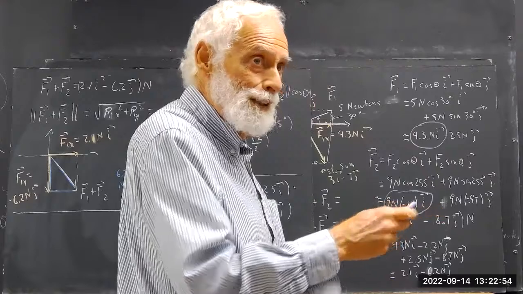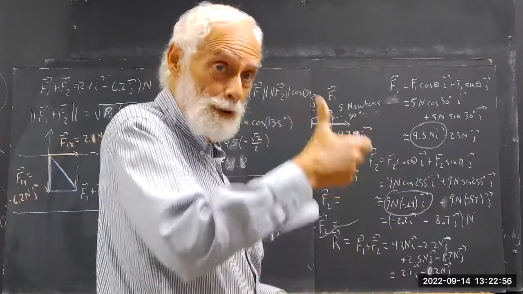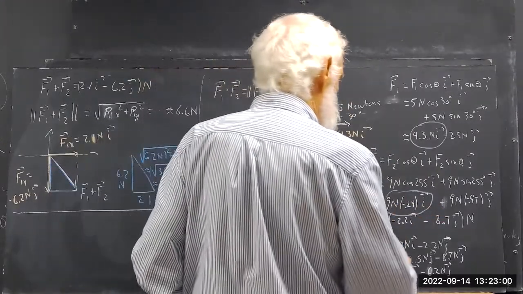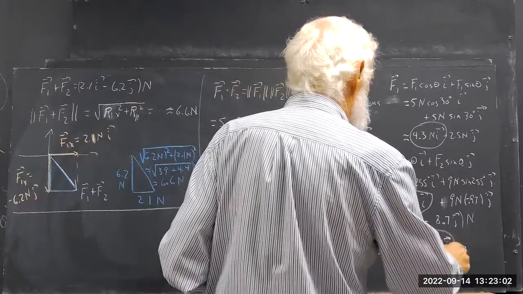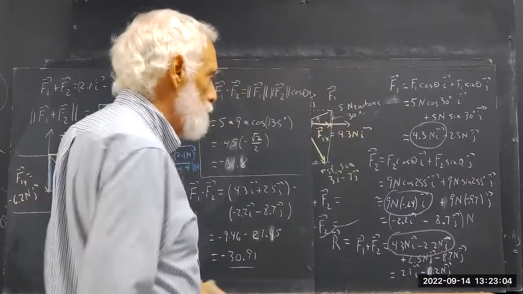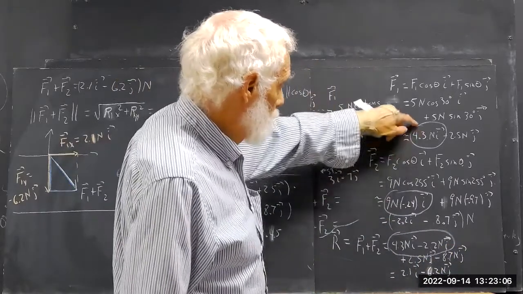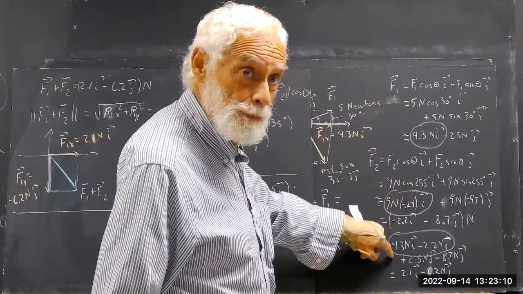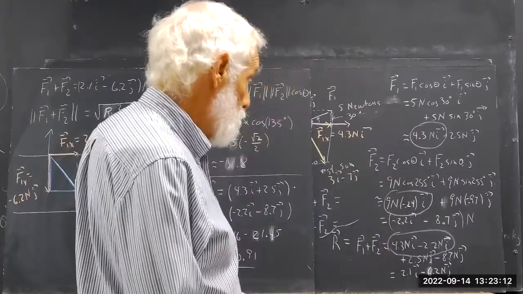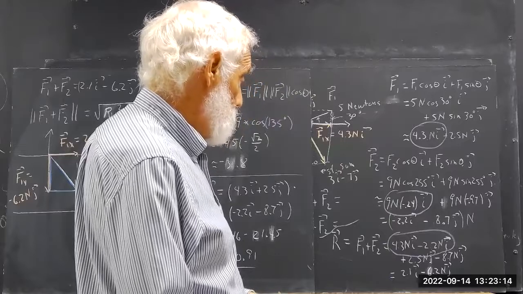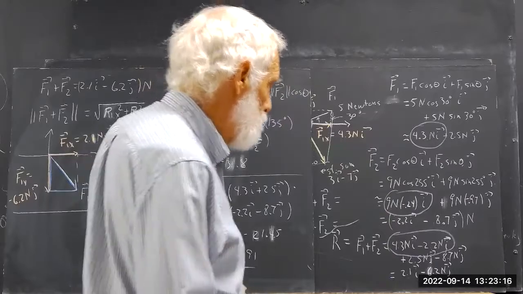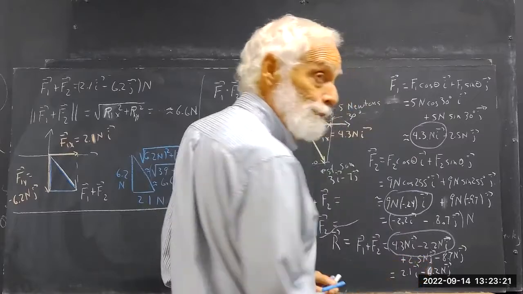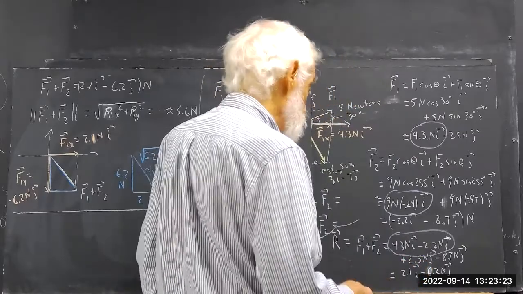In this direction, it definitely doesn't have any component in this direction. Okay, so when I did that, I just looked up here and said, here are my I components of F1 and F2. So those are the I components. And down here, I have this written as an I, it's a J. We need to be careful about that.